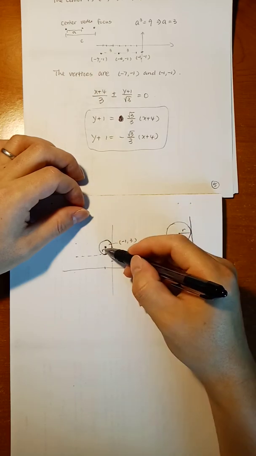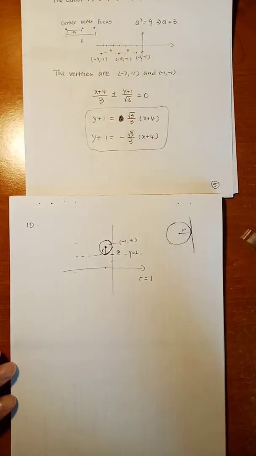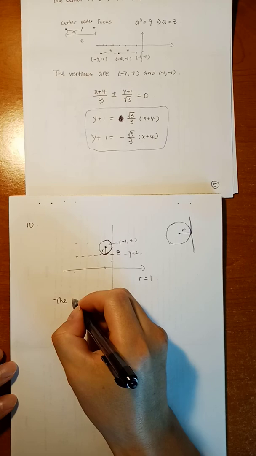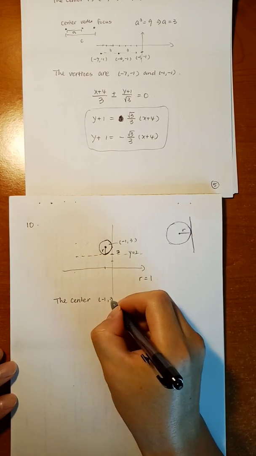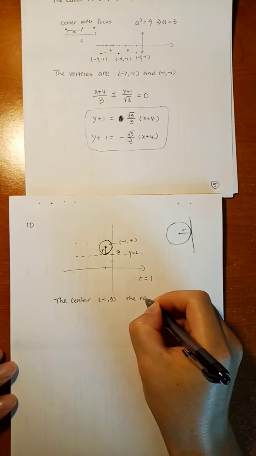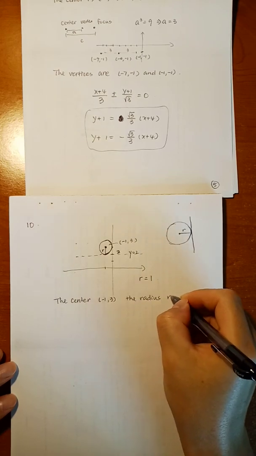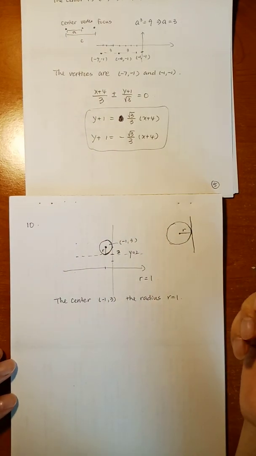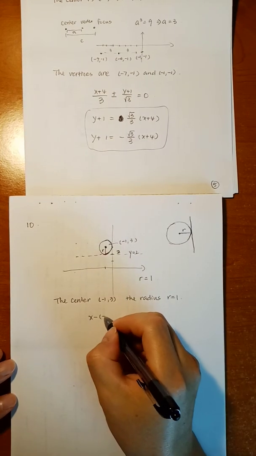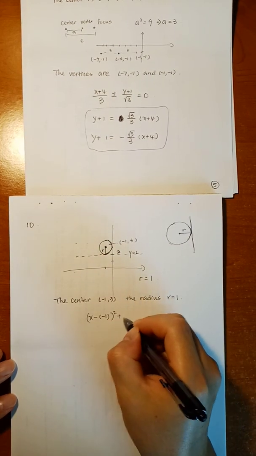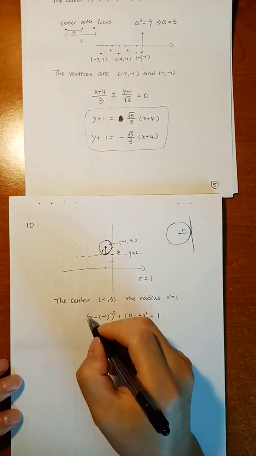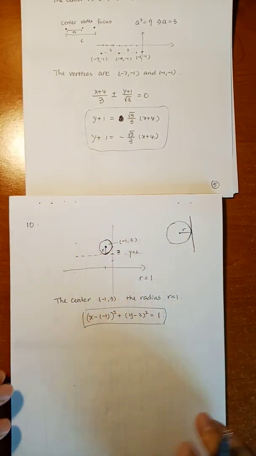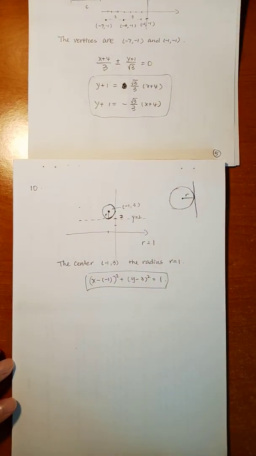It's above 2, so the radius has to be 1. So we have the center -1, 3 and the radius r is 1. So what is the standard form? x minus -1 squared plus y minus 3 squared is equal to 1 squared, and this is the answer.